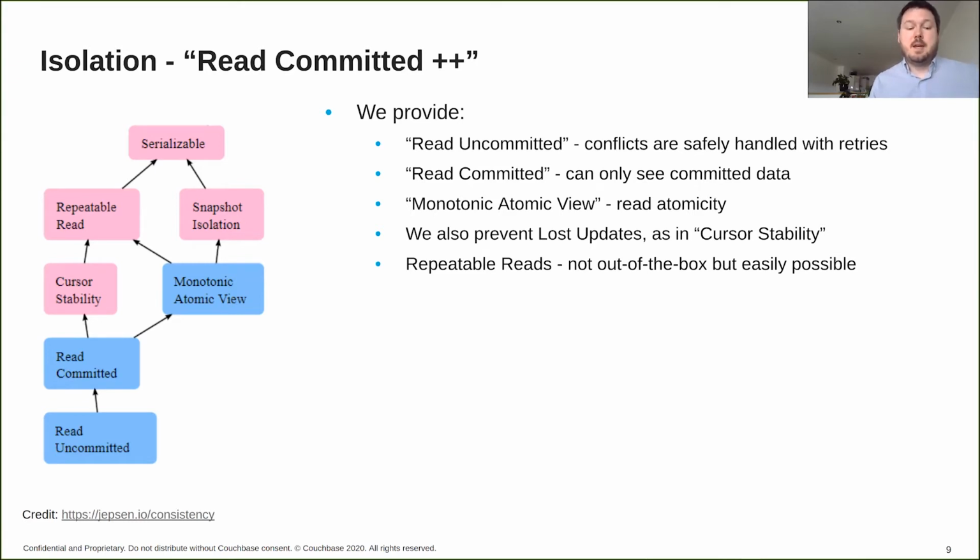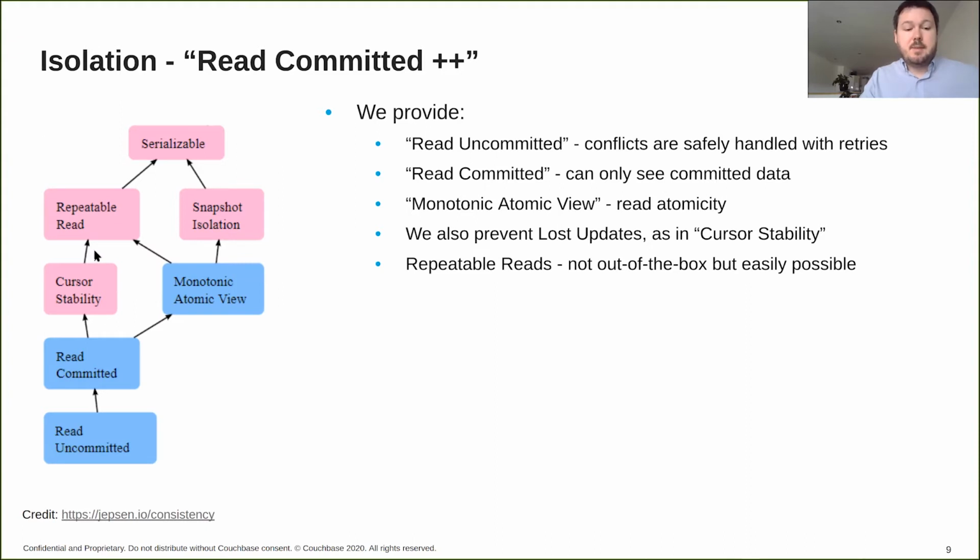But what we do offer is a way of easily performing repeatable reads anyway. There's a mechanism where you can detect if the document has changed from when you last read it, and then you can easily ask for the transaction to be rolled back and retried. Our API allows that. So I won't go into detail on that, but that's an interesting concept, and it's something you can do with us.